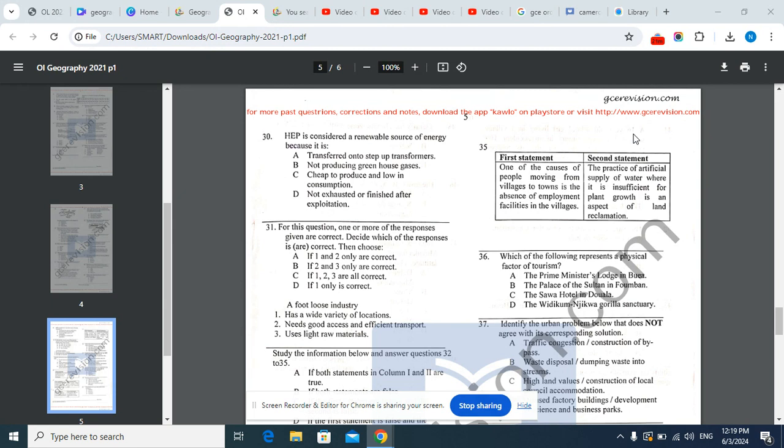Identify the urban problem below that does not agree with its corresponding solution. The answer is B.